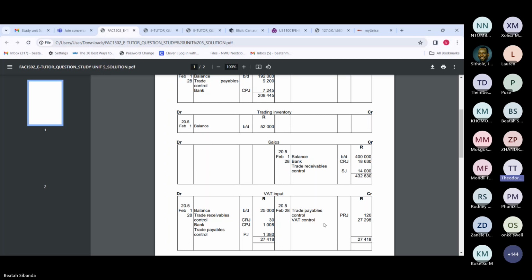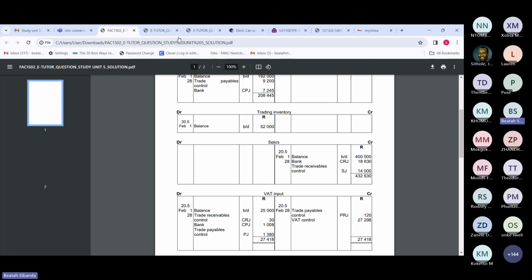I have a problem with the returns. Where do we put the returns? Because I thought if you take back the sales, then we must decrease the sales with the returns that have happened. Can I take that? Remember at the beginning, I said that we have a separate journal, which is called the sales returns journal. So all returns go to the returns journal. They don't go to the sales ledger. So those are two separate ledgers.